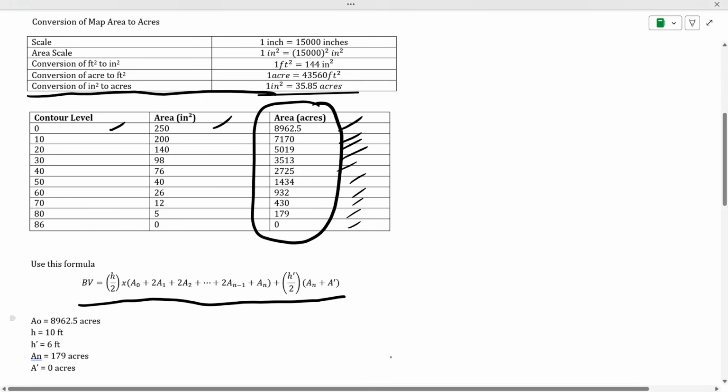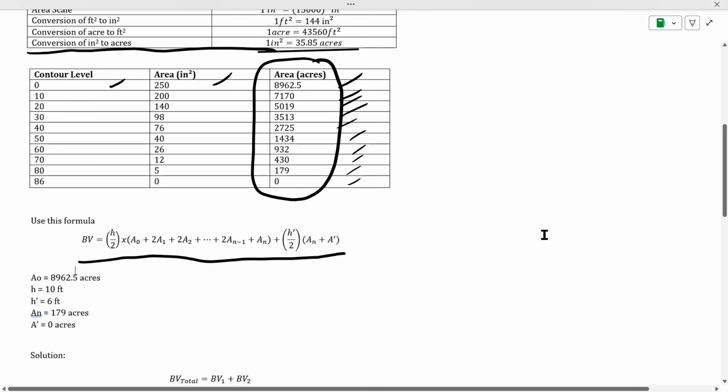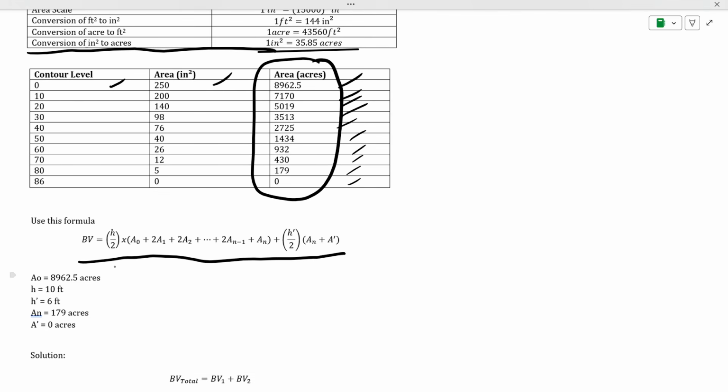So now let's compute it. Based on this formula, the A sub 0 here will be 8,962.5 acres. Next, the common interval will be 10 feet.